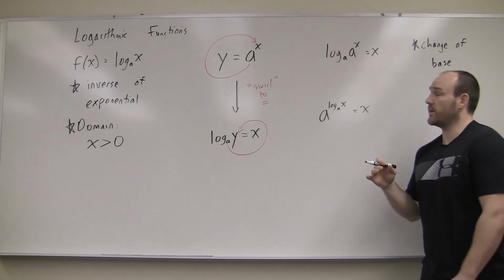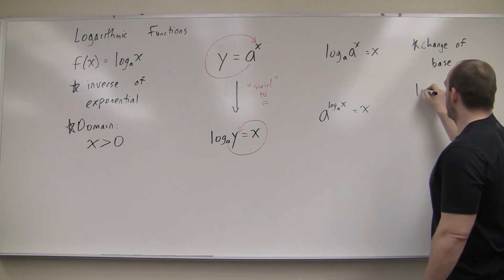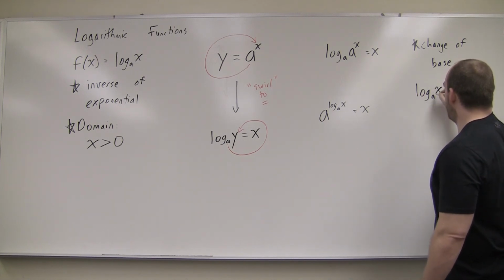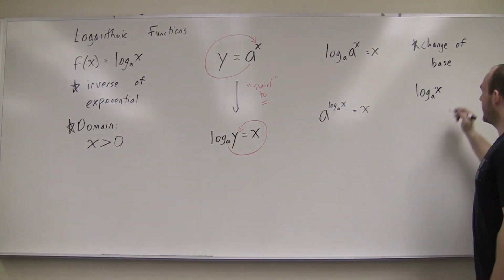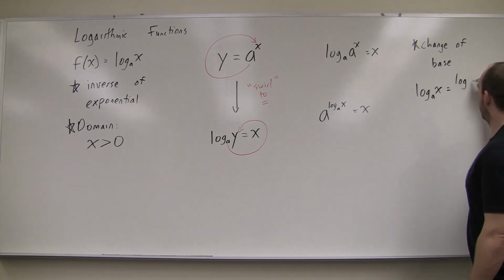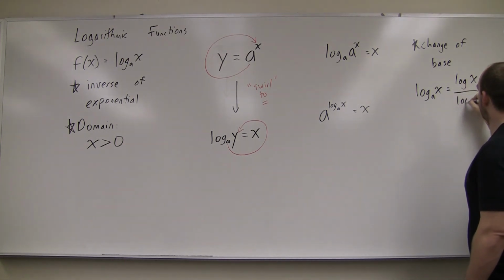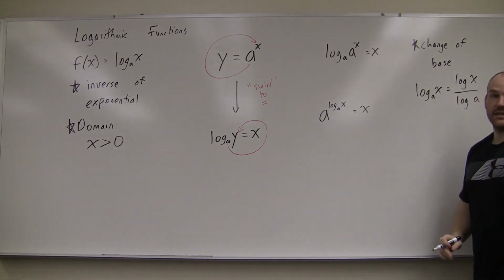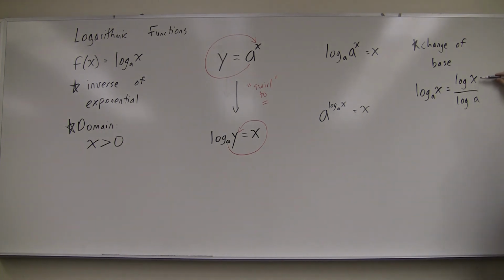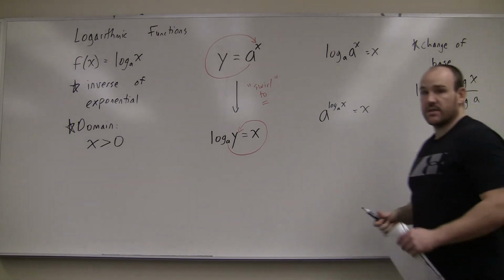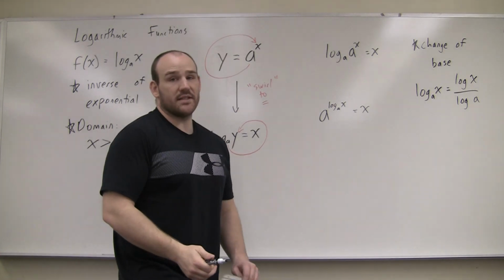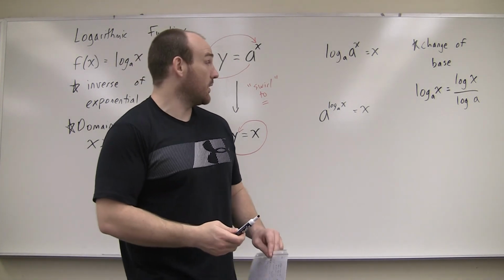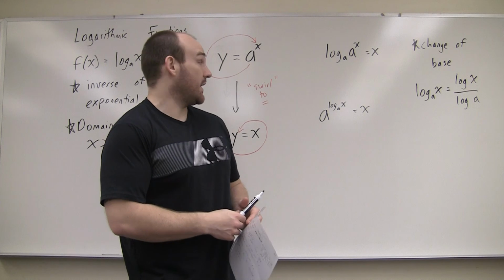If you've got log base a of x, you can convert that to a ratio of logarithms that have the same base, where what you're taking the logarithm of is on top and the base of the logarithm is on bottom. Again, this is mostly useful if you're trying to put this in the calculator. Sometimes it wants the answers in change of base form, but we'll talk about that more when we get to actually solving equations.